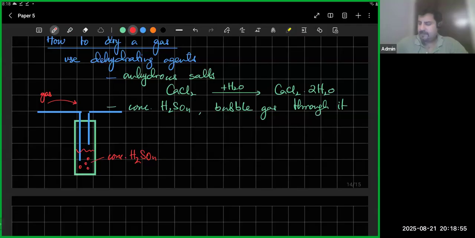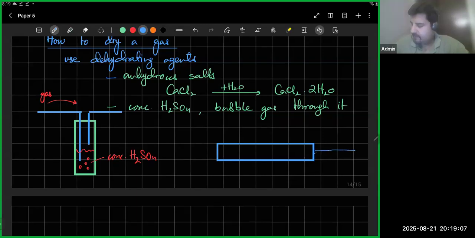Or if it's an anhydrous salt, in that case, what you're going to do is you just have to pass the gas over it. Okay, so there's a delivery tube.